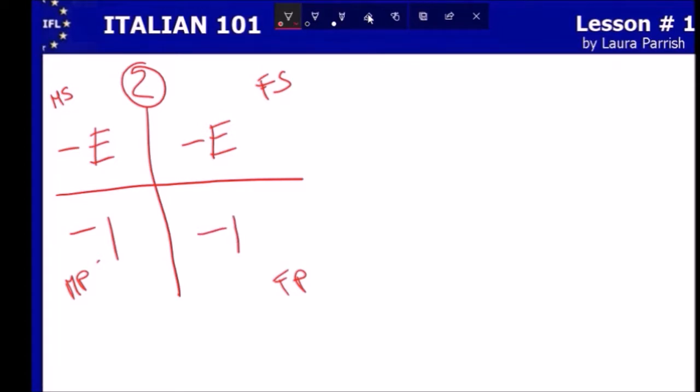So again, since masculine singular and feminine singular are the same, you don't have any way to know if a noun is masculine or feminine. You just need to know the word, but there are some little tricks. For example, all words in this pattern are masculine, usually.